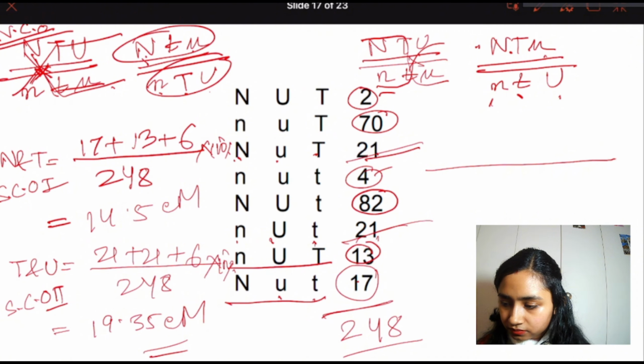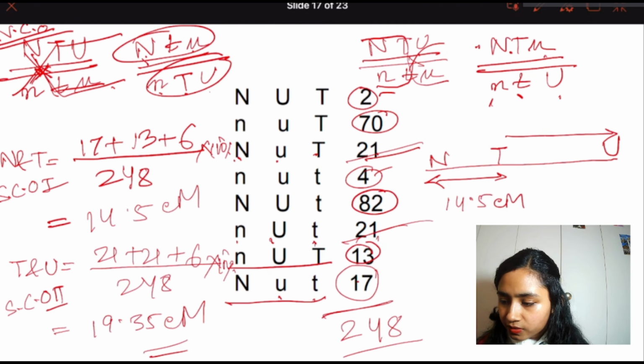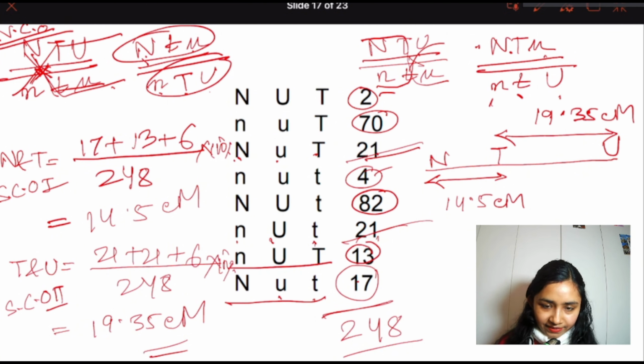So NTU: the distance between N and T is 14.5 centimorgan, and the distance between T and U is 19.35 centimorgan. So from this type of sum you can understand the middle gene, the genetic map and the distance between the genes.